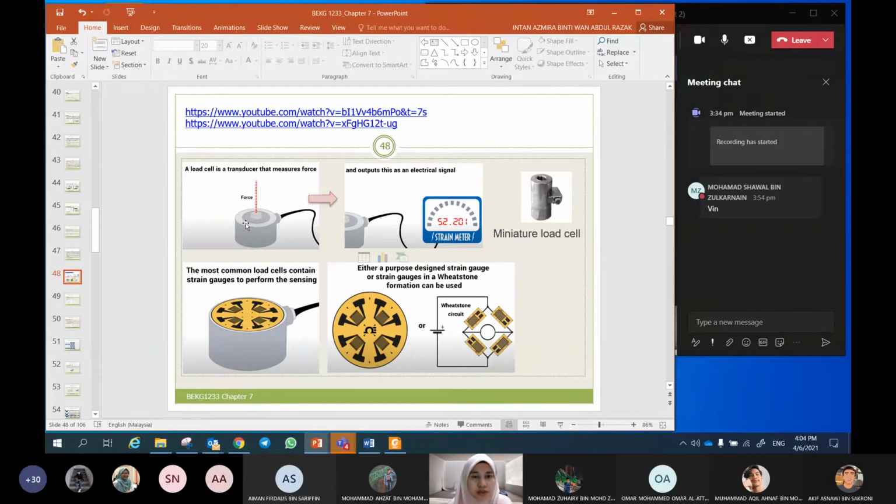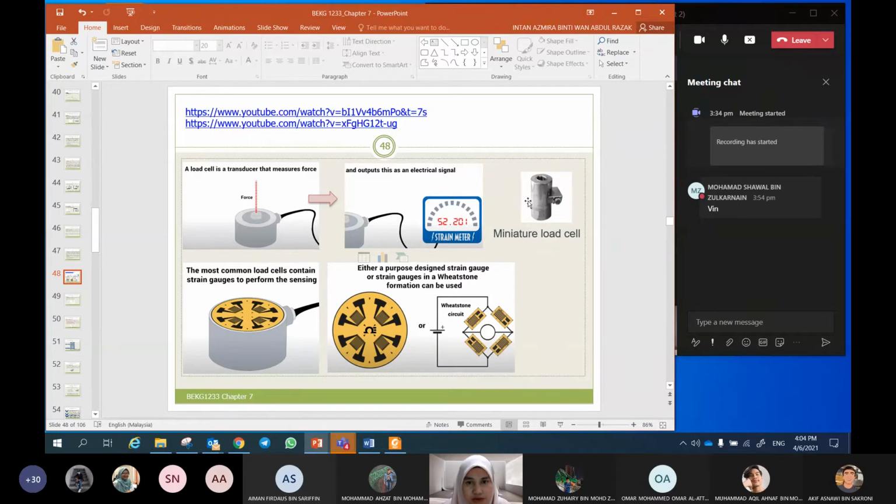When we give a force, for example when we want to measure weight, the circuit will be unbalanced and we will get an output voltage. So the force produces an electrical output, meaning we will have an output voltage.